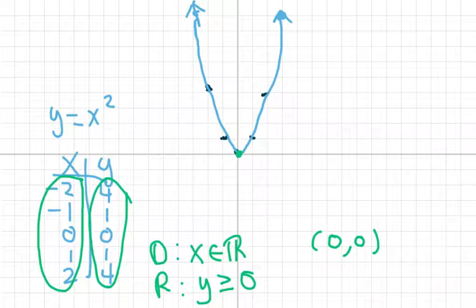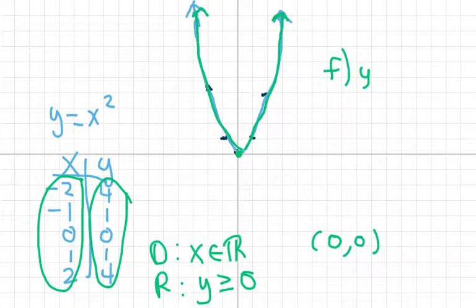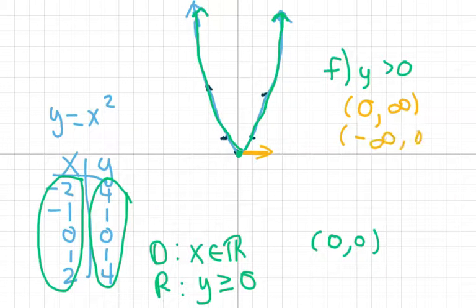Okay, we're doing F and G now. Where is y positive? So y is positive in both quadrant 1 and quadrant 2. For F, y is positive in what interval? When they're talking about what interval, they're talking about the x part. So it's positive on (0, infinity), and it's also positive on (-infinity, 0).